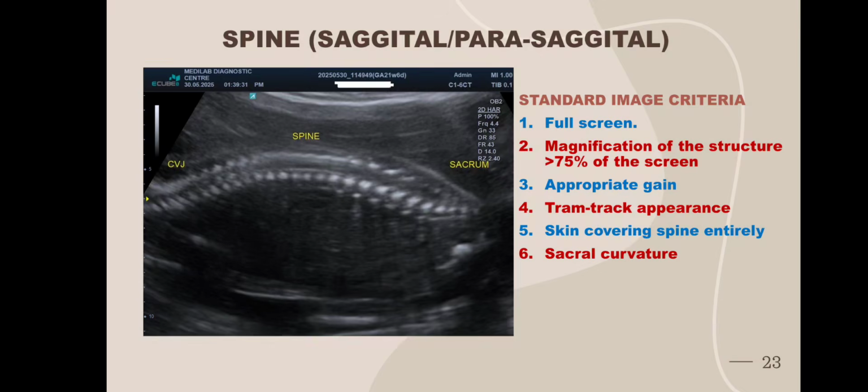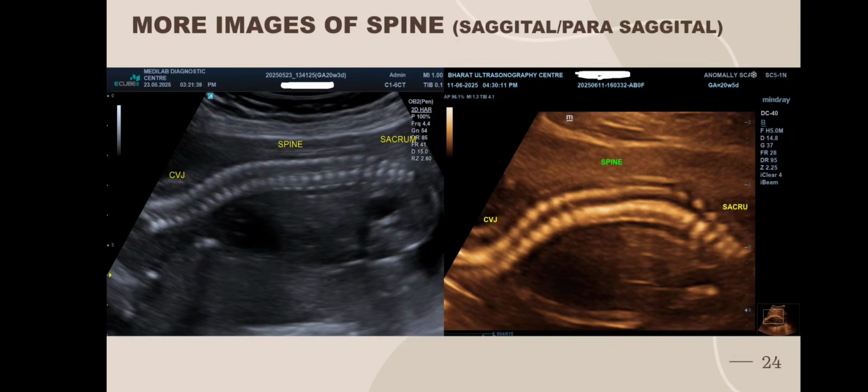Again, see, the skin should be seen in full screen view and magnification more than 75% of the structures. More images of spine, sagittal or parasagittal. See the CVJ, spine, sacrum.